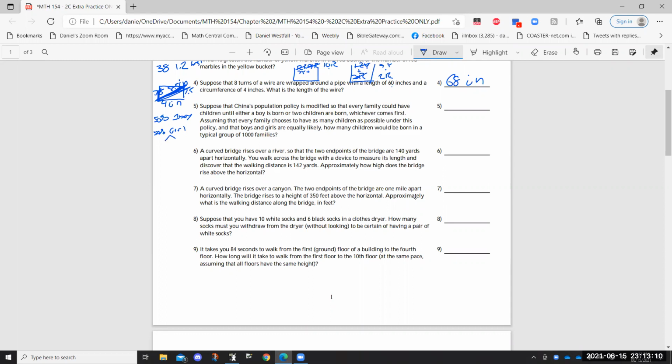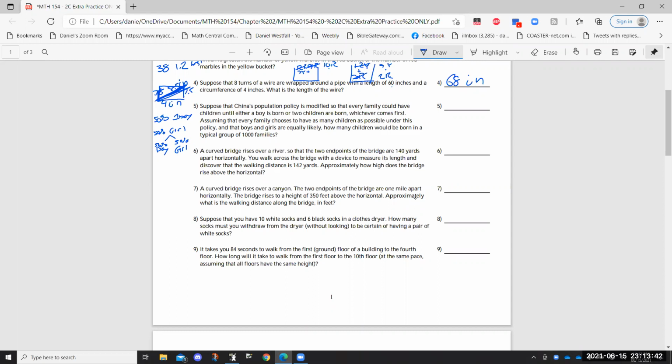Then from this, there's a 50% chance that the second child is a boy, and they'd have to stop. And there's a 50% chance that the second child is a girl, and then they'd have to stop. So 50% of the time they'd have one child that's a boy, 25% of the time they'd have two children, a girl and a boy, and 25% of the time they've had two children that are two girls.